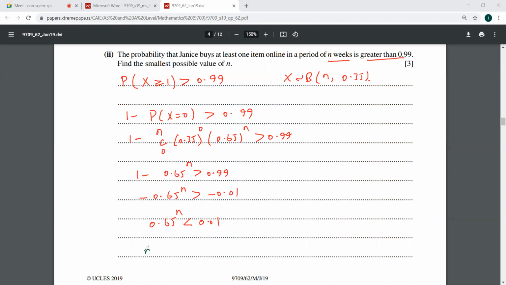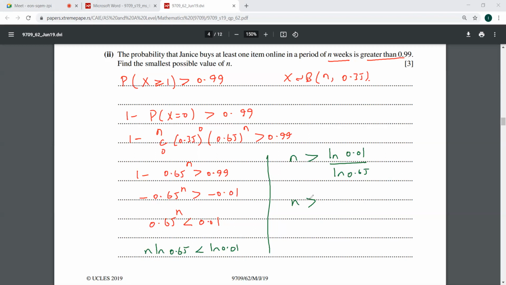So this would be n ln 0.65 less than ln 0.01. You divide both sides by ln 0.65, and once again the sign of inequality will change because both of them are negative. So when you divide them, let's see what we get.